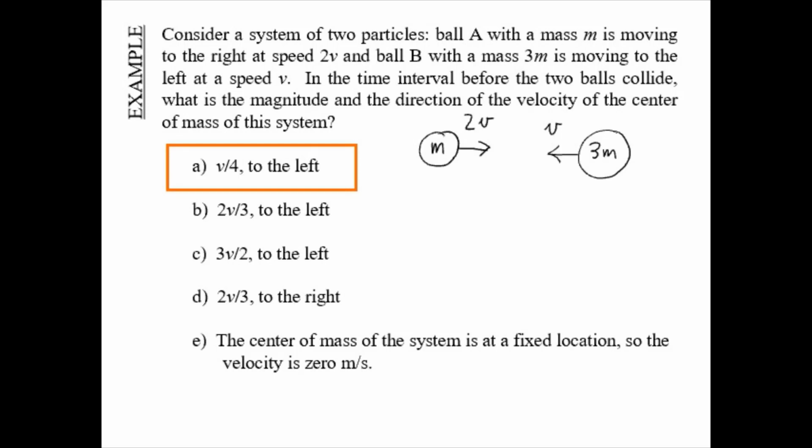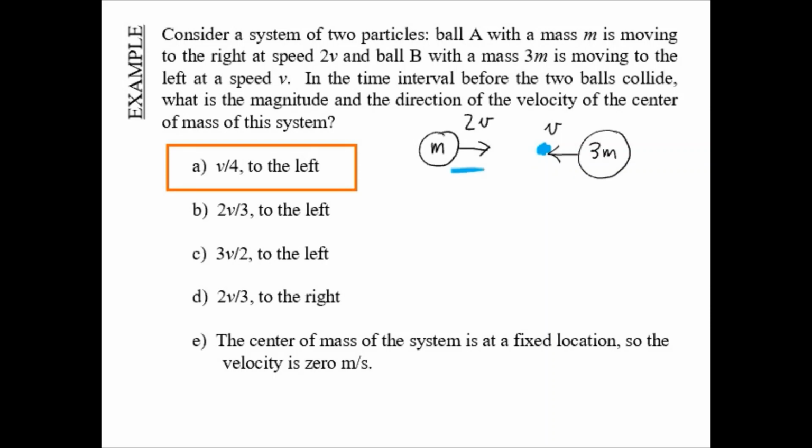If you're thinking back to the equation for center of mass, you're thinking, well, I've got to do m1 times x1 plus m2 times x2 and then divide by the total mass of the system. And I'm going to get a position that's closer to the mass that's larger, right? So maybe the center of mass of the system is over here somewhere. But these things are moving, and so that center of mass is going to move.